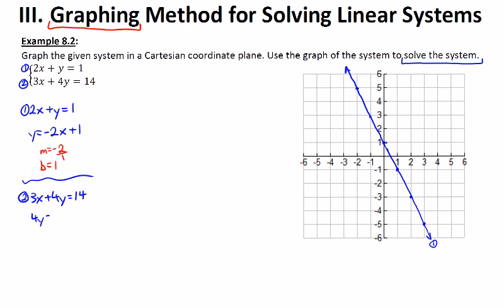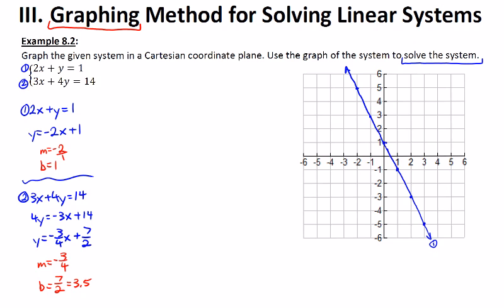This will be 4y equals negative 3x plus 14, and then y will equal negative 3/4 x plus 7/2. So it does have the mx plus b format. M would be equal to negative 3/4, b is equal to 7/2, which is equivalent to the decimal 3.5.